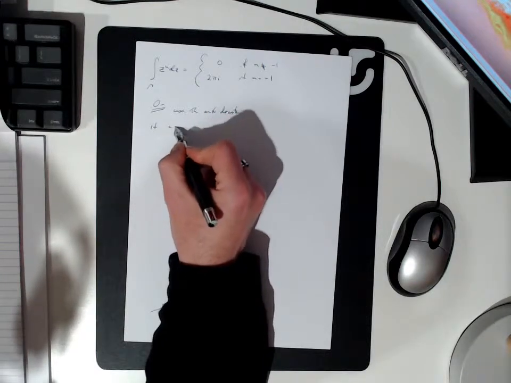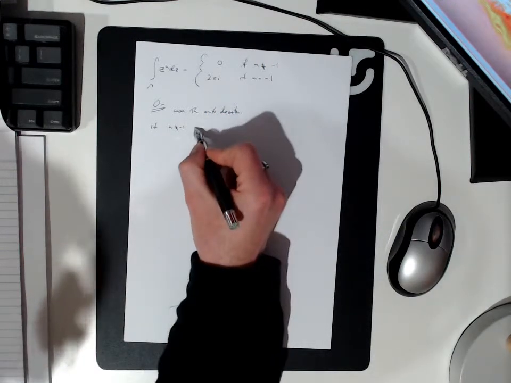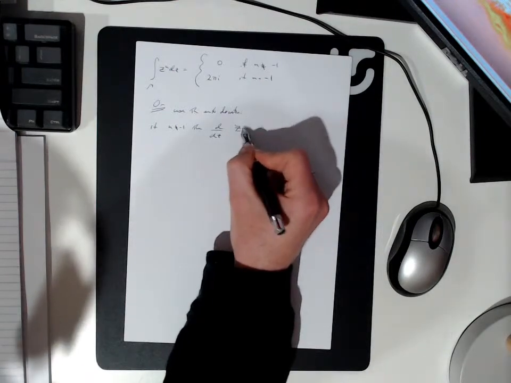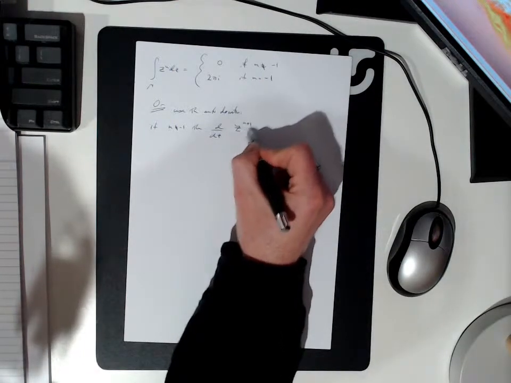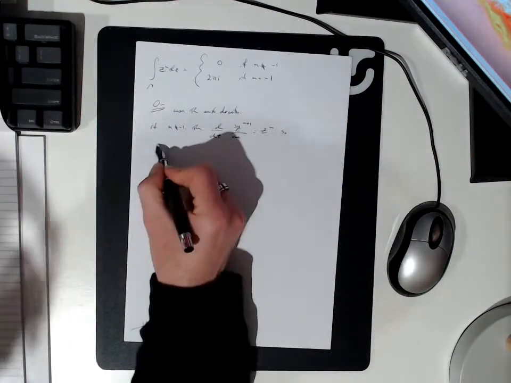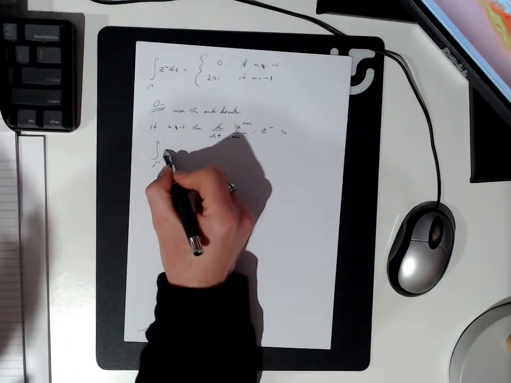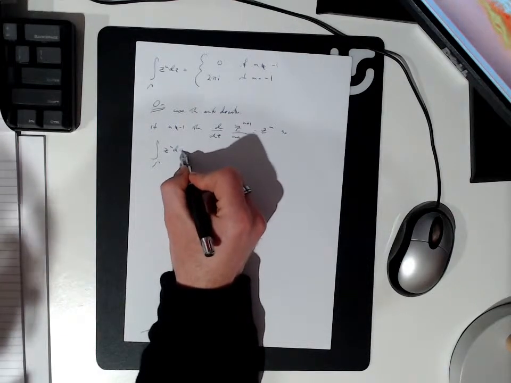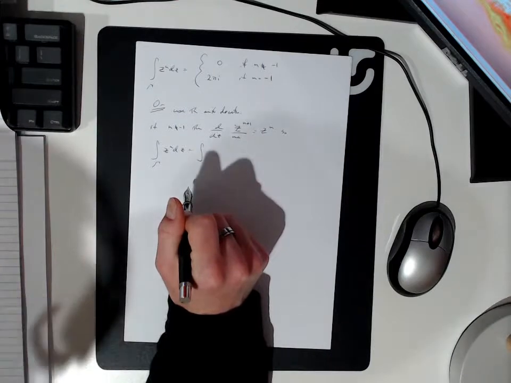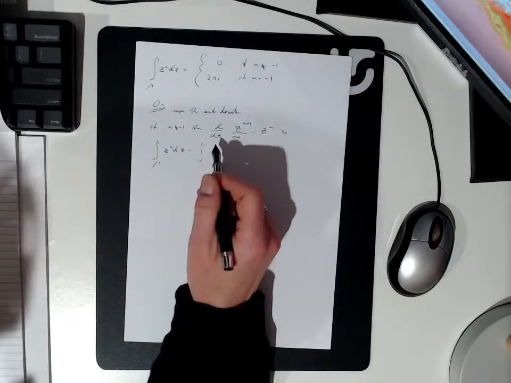So if n is not equal to minus 1, then d/dz of z^(n+1) over n+1 equals z^n. So the integral over gamma of z^n dz is equal to the integral from the start point of the curve to the end point of the curve.